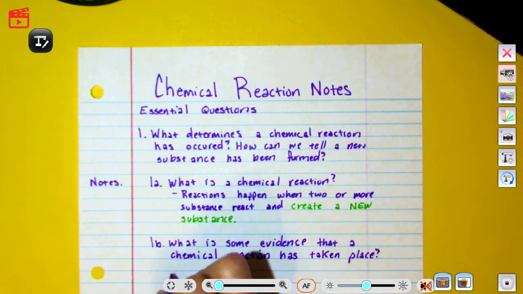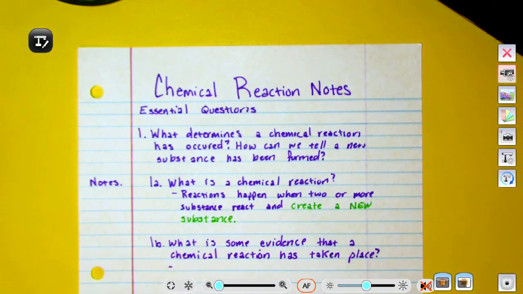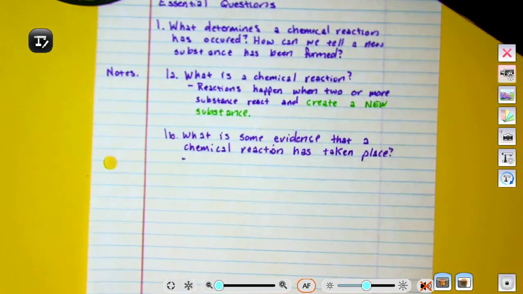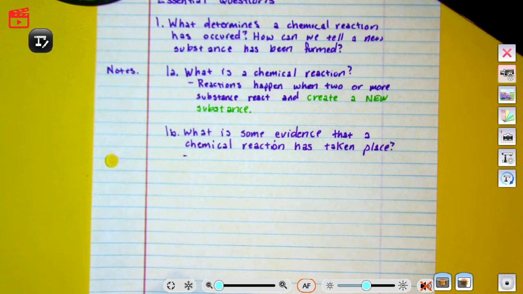So what are things that we can see when we're doing experiments in the lab that would give us examples of a chemical change? This takes you back to 6th grade when we talked about chemical and physical changes, right?